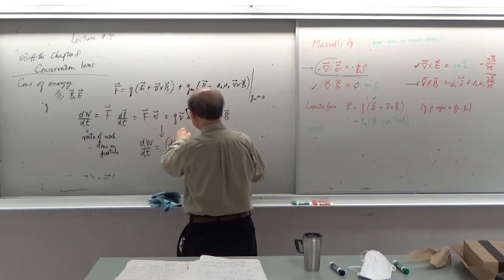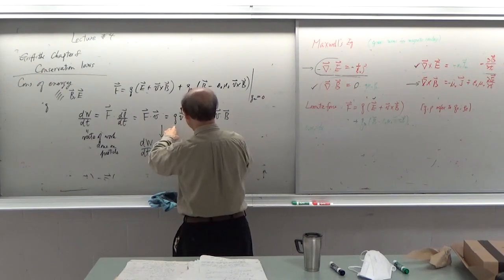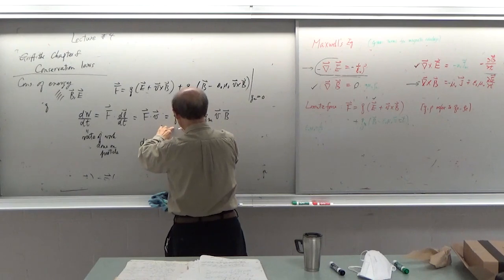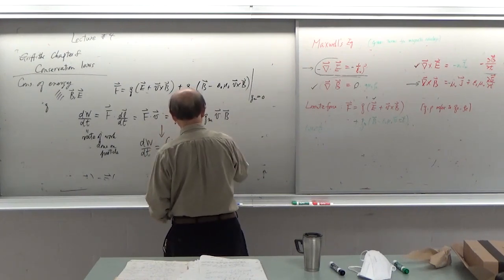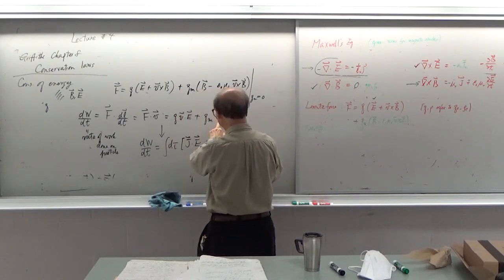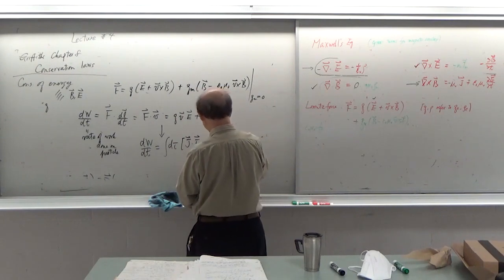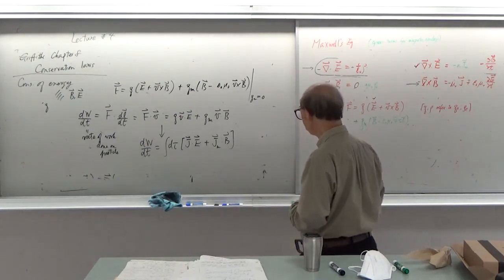Q will be changed into rho, and rho v would be J. So J dot E. And Qm would go into J sub M dot B. All right?